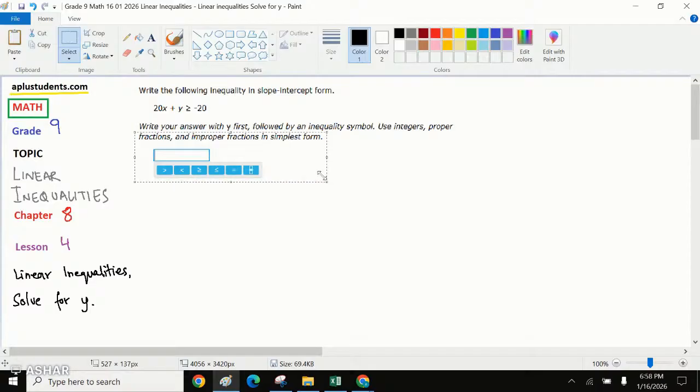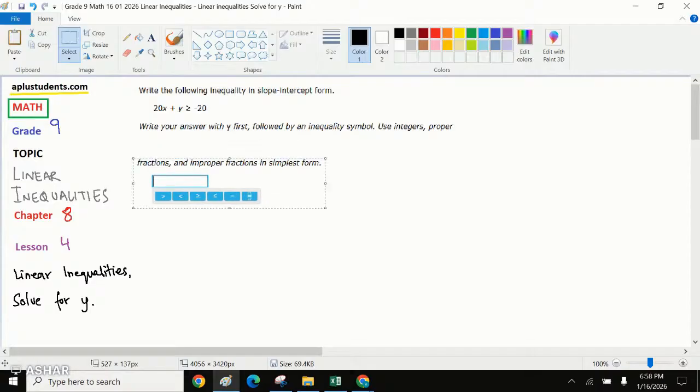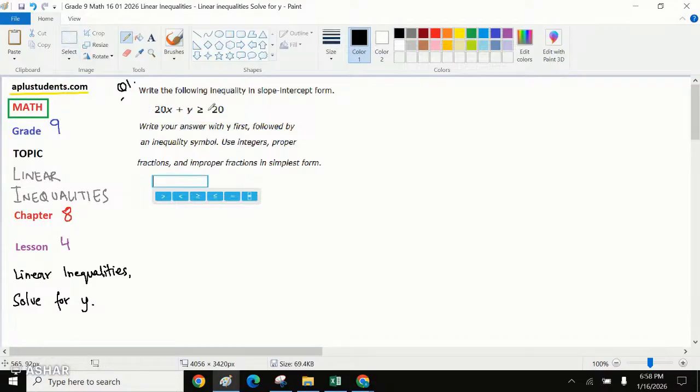Write down the following inequality. This is our question number 1. The inequality given to us is 20x plus y is less than or equal to minus 20. So what we need to do is write the following inequality in slope intercept form.